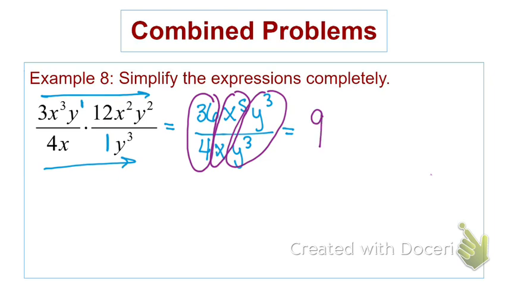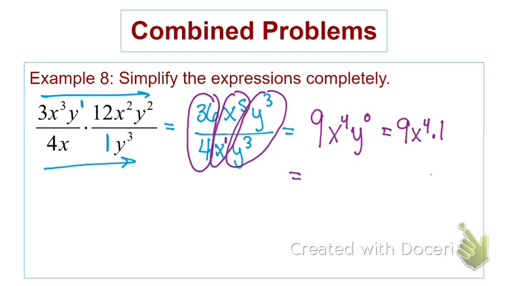That's just 9. For the x's, we've got x to the 5th over x. Remember, if there's no exponent, it's kind of like a 1. So that would be 5 minus 1, which is 4, so x to the 4th. And now we've got y cubed over y cubed. So 3 minus 3 is 0. And anything to the 0 power is 1.